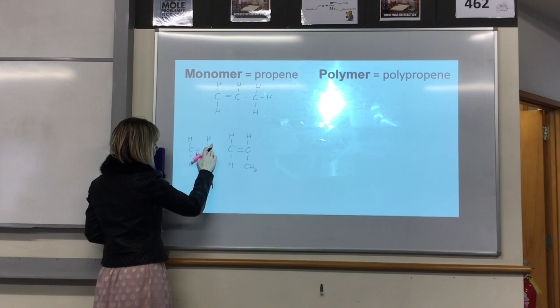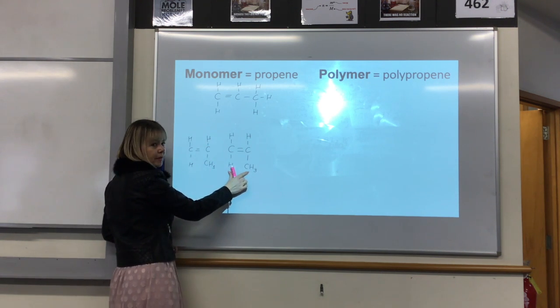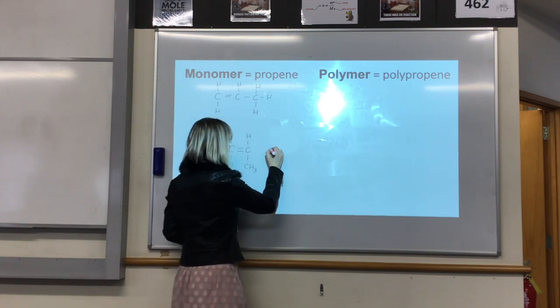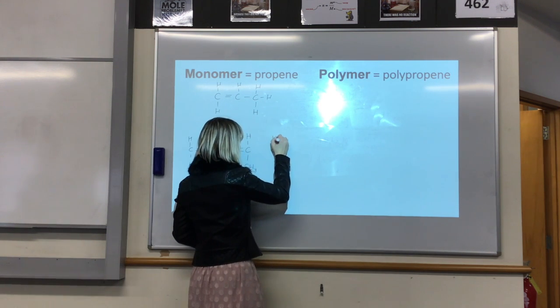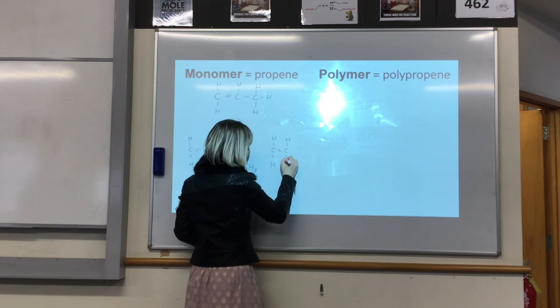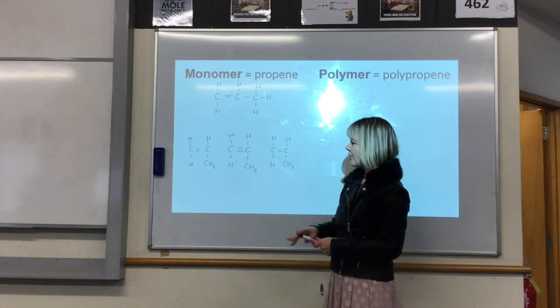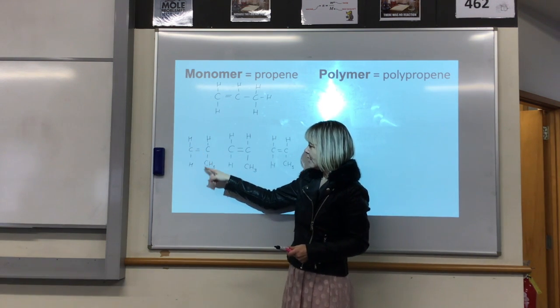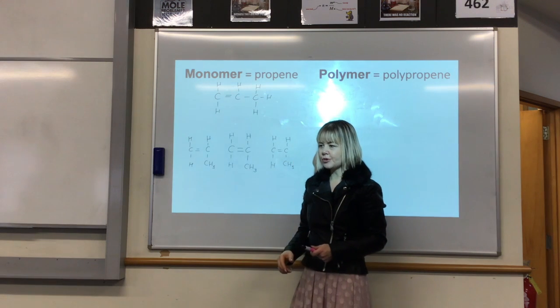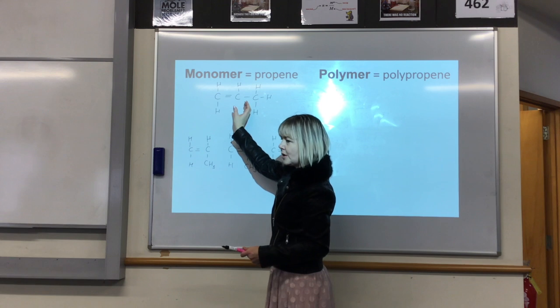Okay, so that there is one monomer, second monomer, following, and then I'll draw my third monomer. Now, if you've drawn it like this, and this is propene, you've got 3 carbons, double bond, so that is a propene, but all I've done is put this down below.